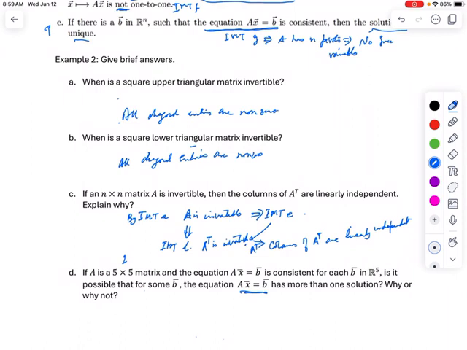So for the first statement, IMT G is true, which implies the T which maps X to AX is 1 to 1, but if AX is equal to B has more than one solution, then T is not 1 to 1. Therefore, this is not true.